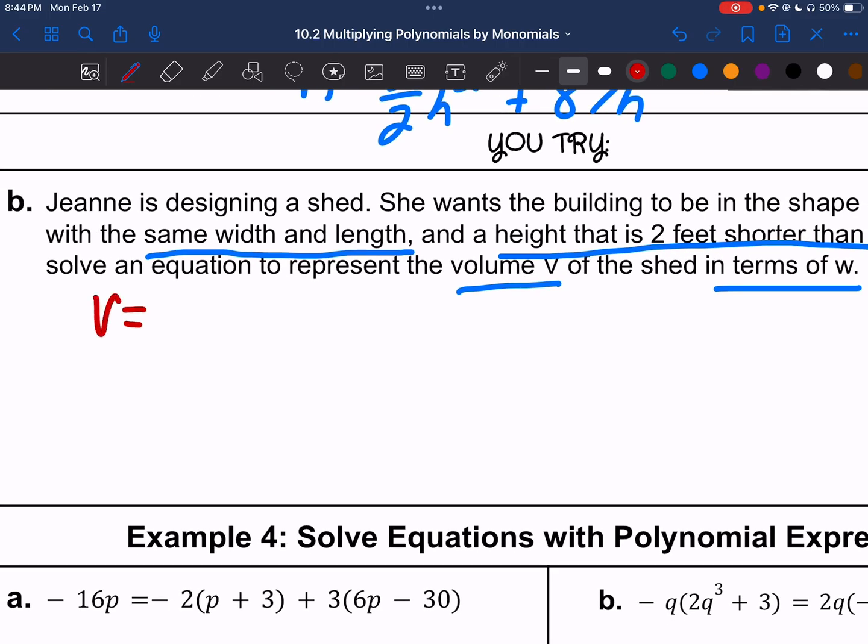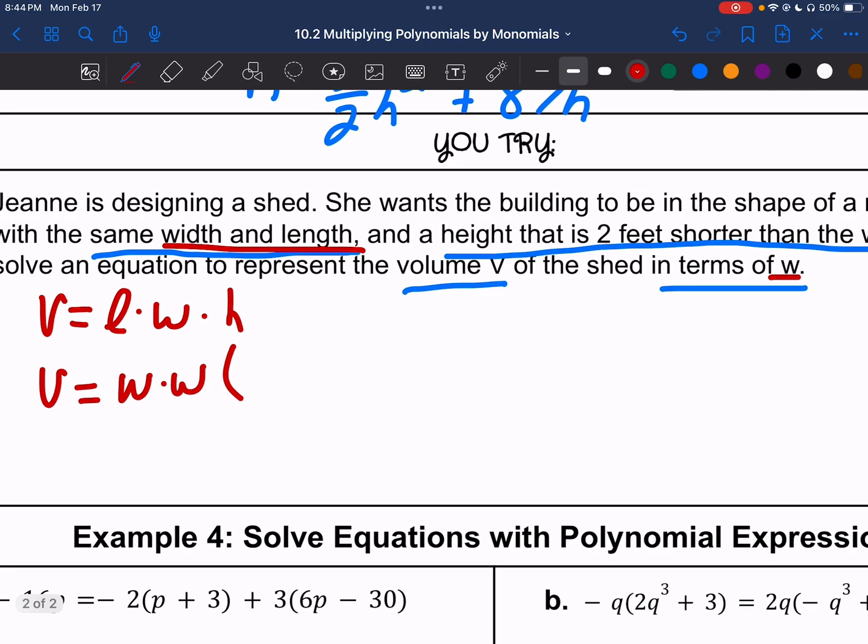Volume of a rectangular solid. Length times width times height. Now, we are told that we're doing it in terms of W, and our width and length are the same. So the length is W, the width is W, and the height is 2 feet shorter than the width.